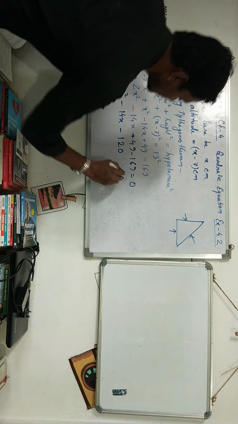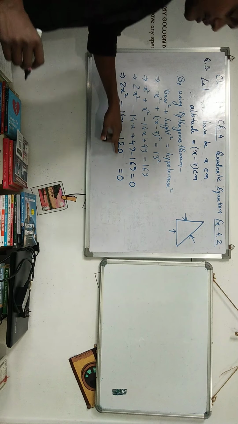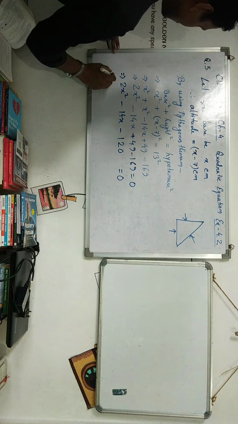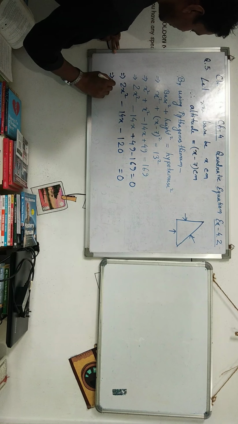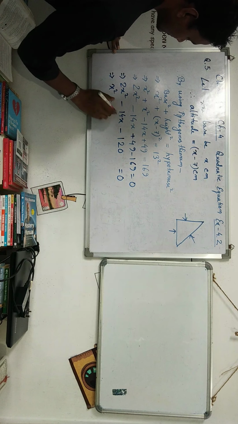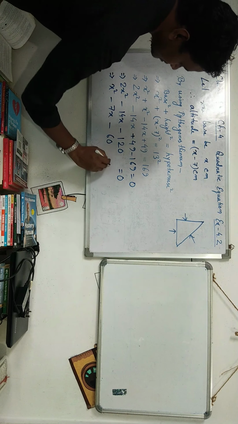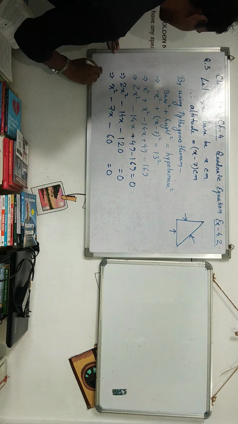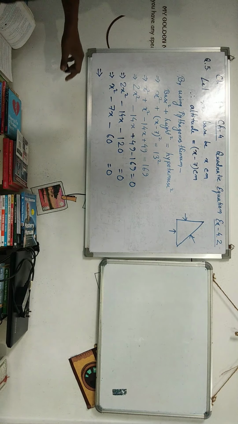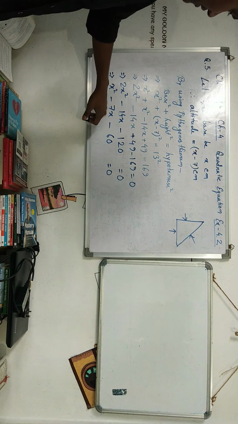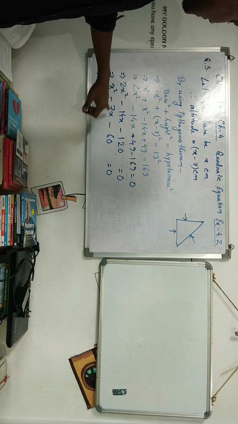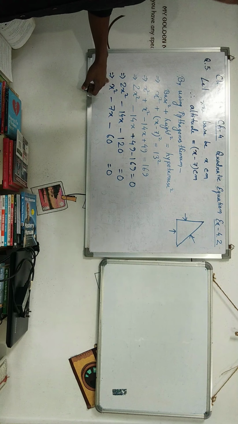Now this whole equation I can divide by 2. If we divide the whole equation by 2, it will be x square, then 14 divided by 2, it will be 7x, and minus 120 divided by 2, it will be 60, is equal to 0. Now we have to factorize this by splitting the middle term. 60 into 1 is 60.